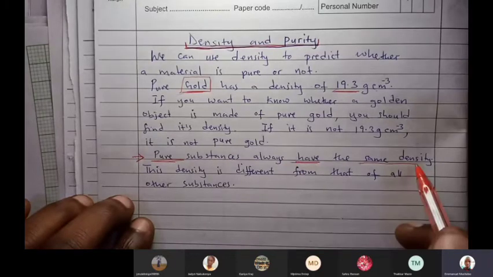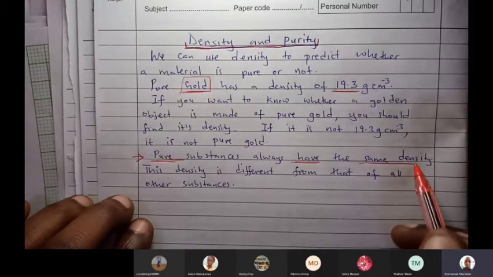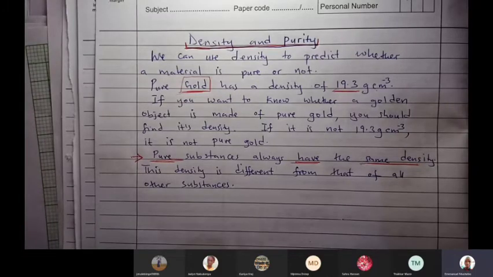Even if you have a plate made out of pure plastic, a cup also made out of pure plastic, and a box made out of pure plastic, when you measure their densities, all of them have to be equal because they are of the same substance.